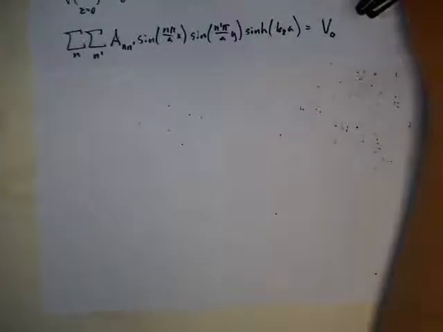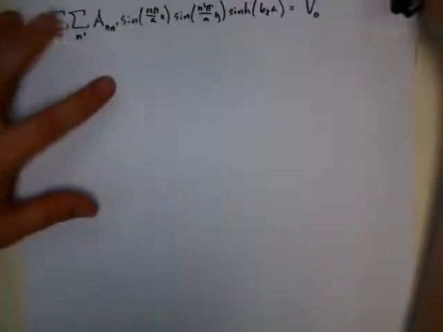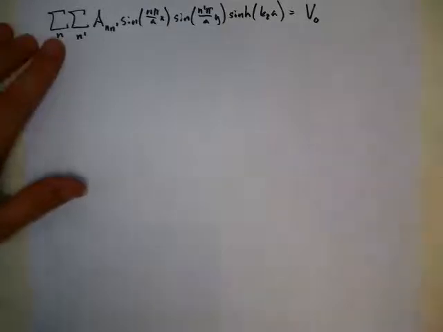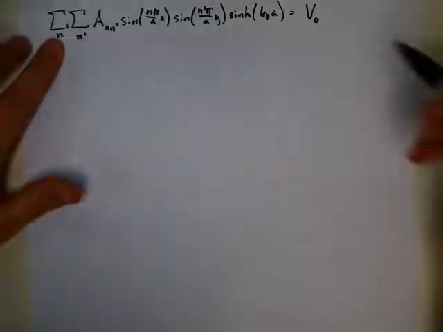We're going to use the same Fourier analysis that we used for all of these Cartesian separation of variables problems. And we're going to use the same trick, but now we have to use it for both the x and the y direction.